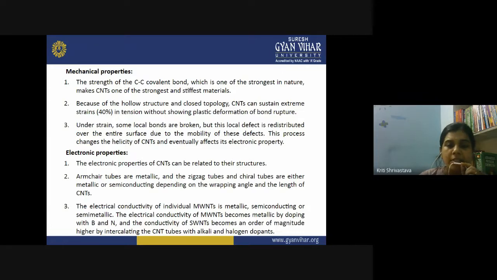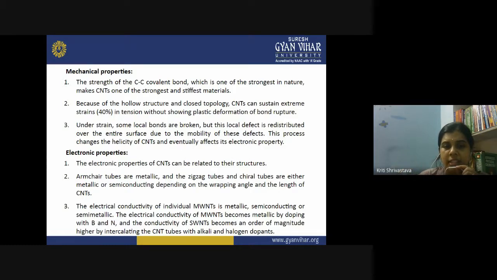Now let us discuss electronic properties of carbon nanotube. So the electronic properties can be related to their structure, just like we are relating the mechanical properties with their structure. Similarly, you can relate the electronic properties to their structure as well. The armchair tubes, what kind of structure do they have? They have armchair structure. They are metallic.